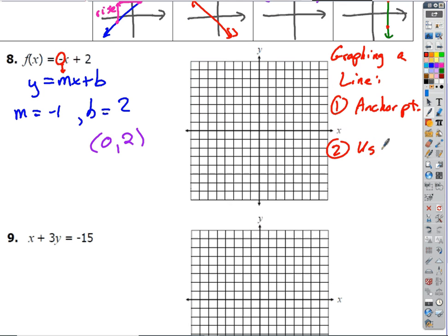We're going to use a slope triangle. Use a slope triangle to get a second point. There's step 2. And then once I got the 2 points, it's simple. I just connect and extend, create the line.